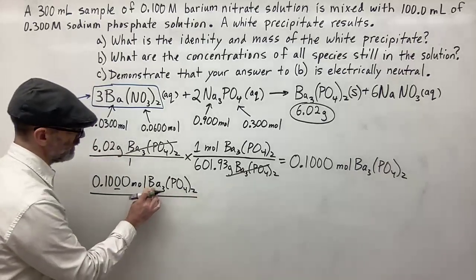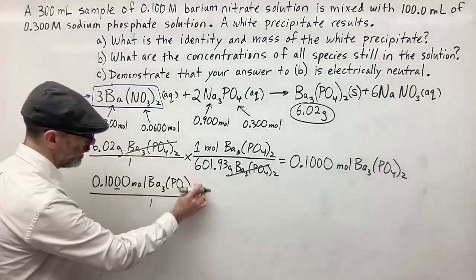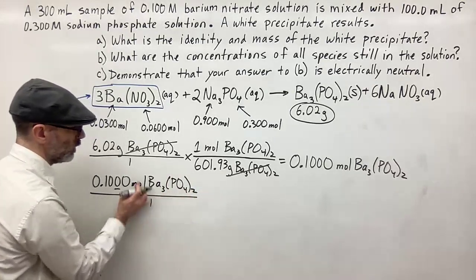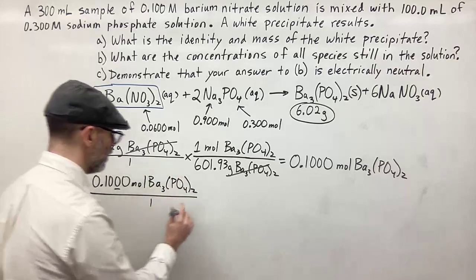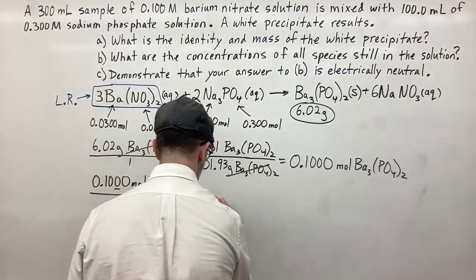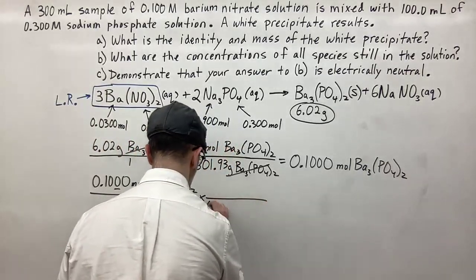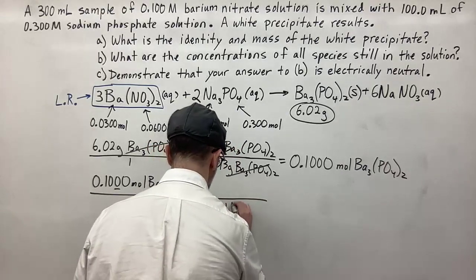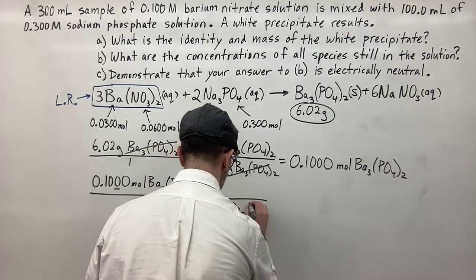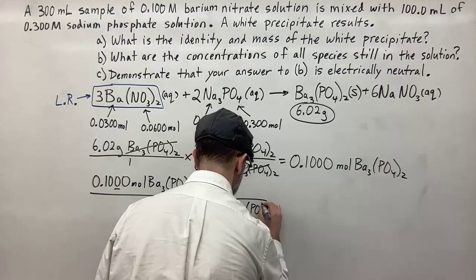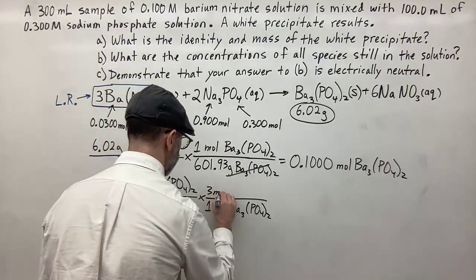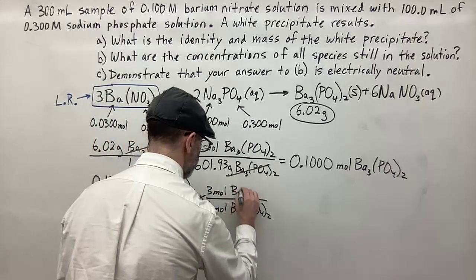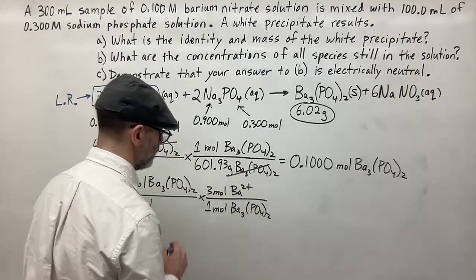For the barium, it's a 3-to-1 ratio. So for every one formula unit, you get 3 atoms of barium. So it's 1-to-3. So we're going to use that as our mole ratio. So 1 mole of the barium phosphate on the bottom, and then 3 moles of barium 2 plus ions on top.